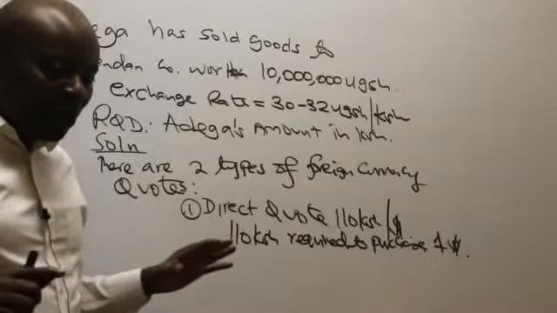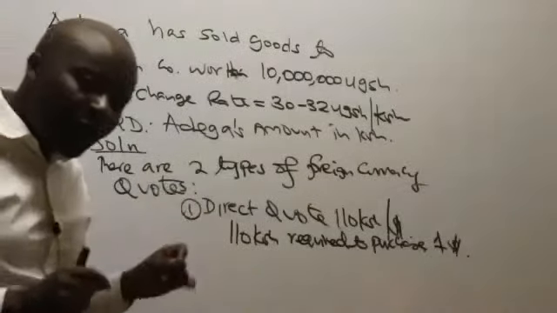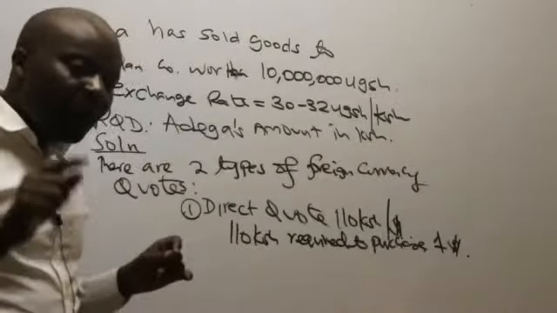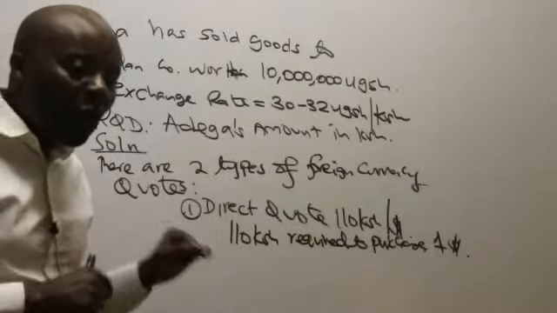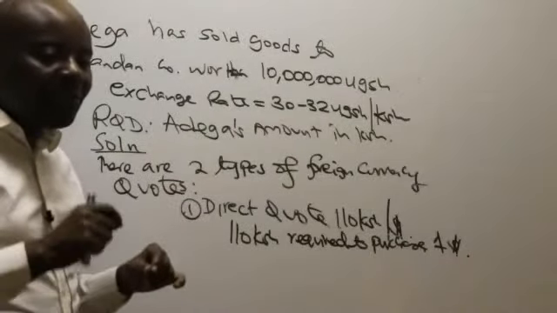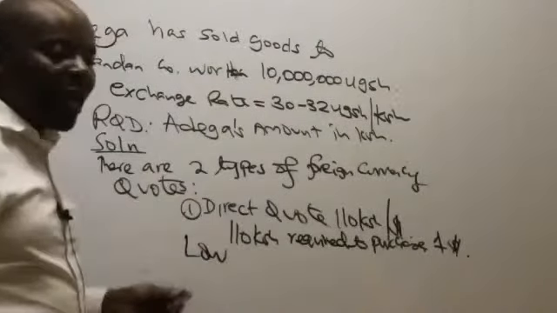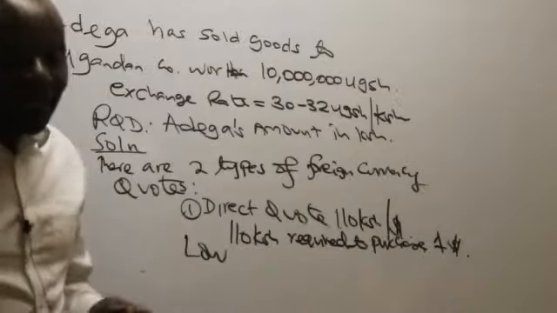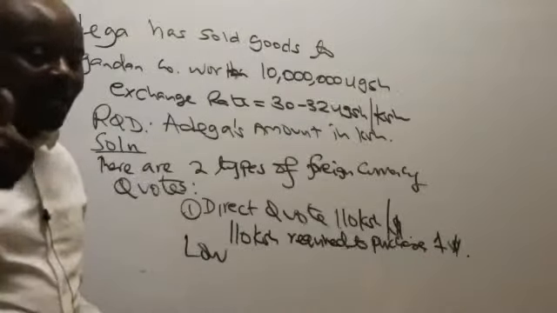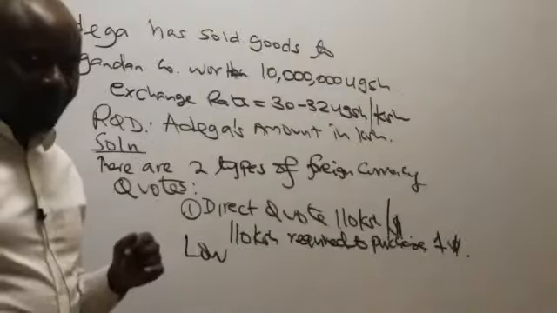Direct means normal. Tell us there that for direct quotations, banks buy low and they sell high in order to make a profit. What have I said?